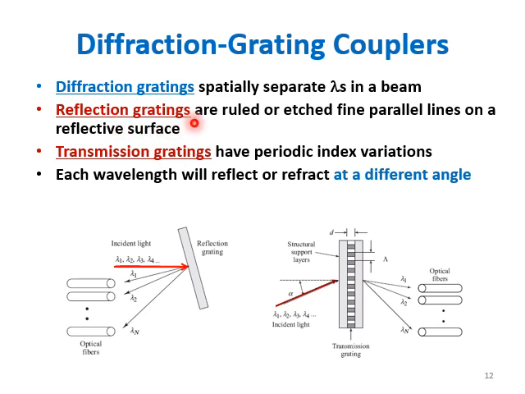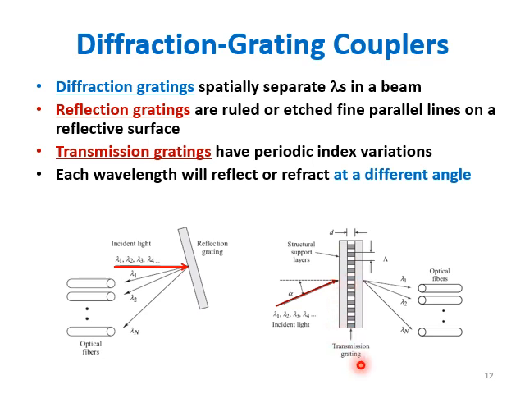Reflection gratings are ruled or etched fine parallel lines on a reflective surface. So how does this reflection grating look? It looks like this. As you can see, it consists of etched fine parallel lines on the reflecting surface.